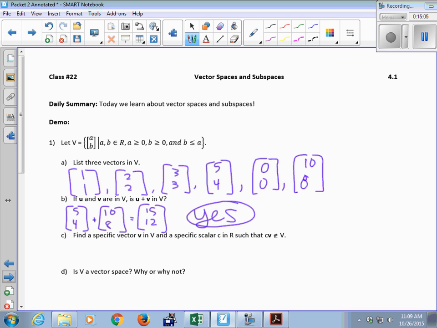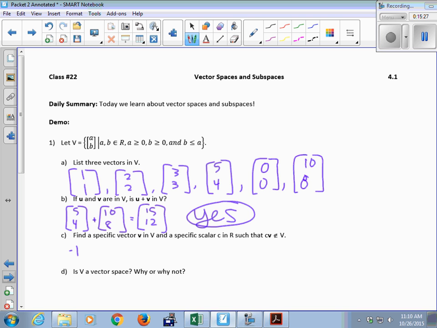All right, let's find one specific vector v in the set and a specific scalar c from the real numbers so that when you multiply c times v, you don't land back in the set. You could pick c equals -1.